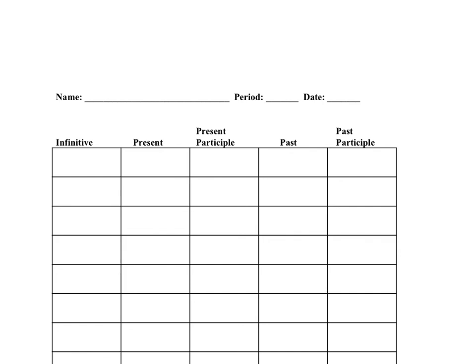We are working with this worksheet on regular verbs. So the infinitive, or base, is to talk, to pull, and to paint. The present form, and I would suggest you use he. He talks.